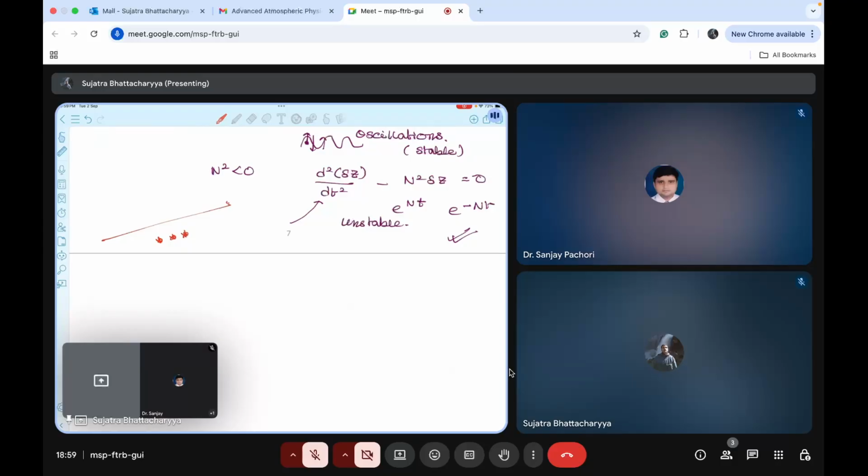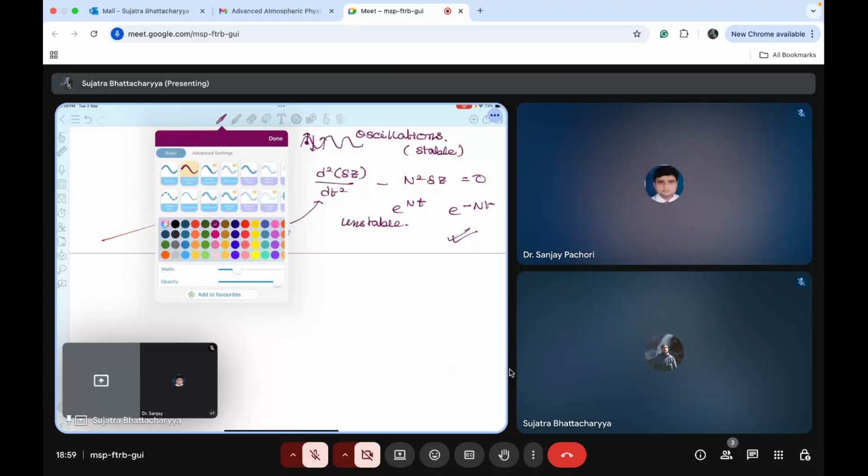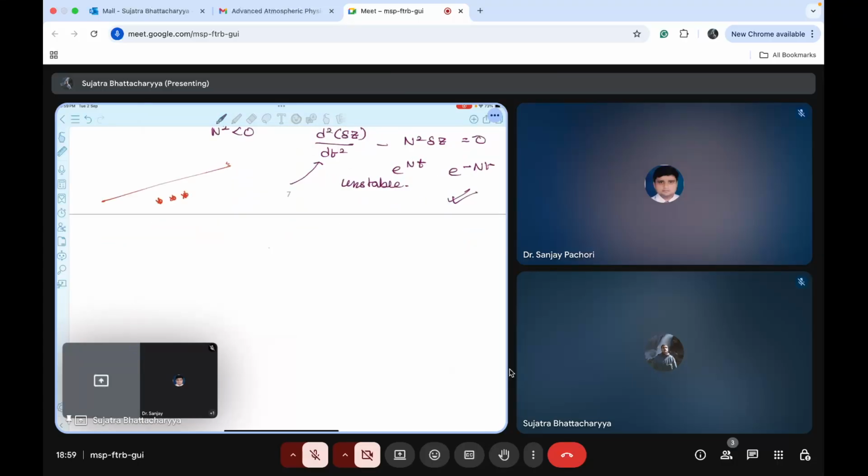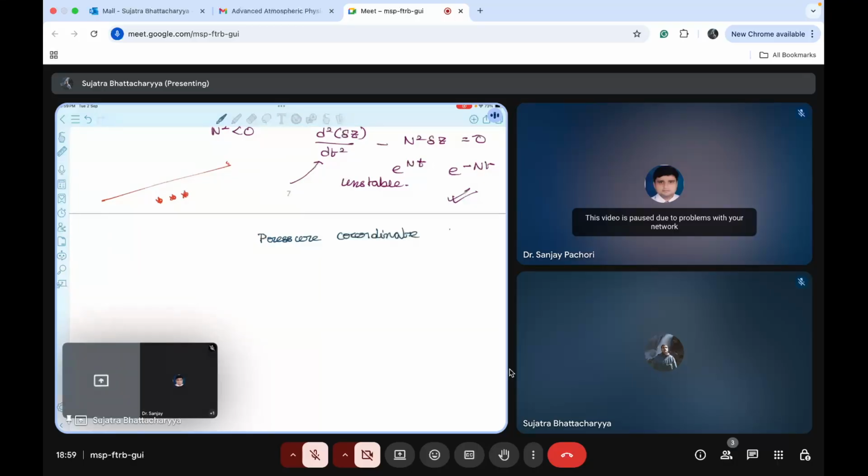Fine. Let me now go to how we can change. So this is the pressure coordinate system.